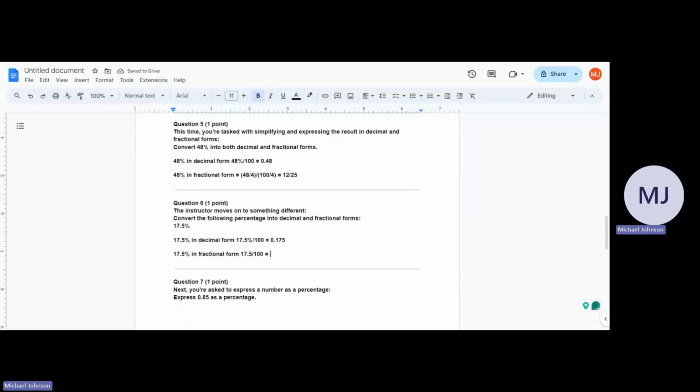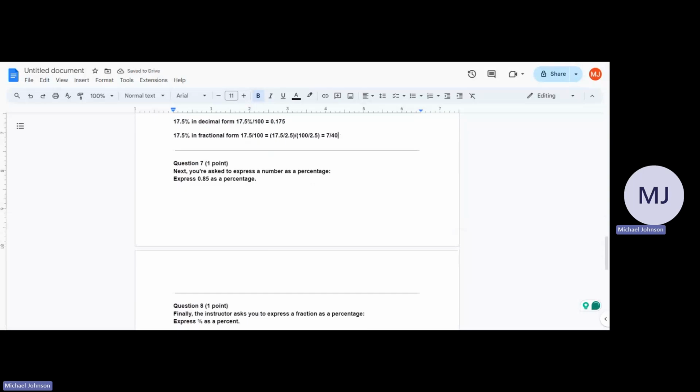So you got to figure out something that divides into that evenly. So 2.5 in this case would work. So you do 17.5 divided by 2.5, and 100 divided by 2.5, and then you would get 7 divided by 40.